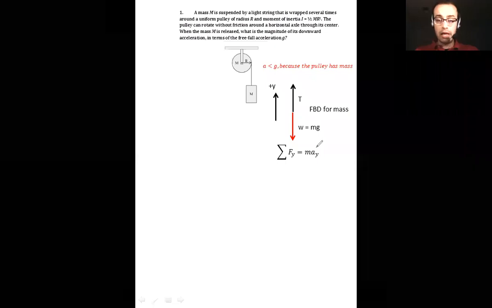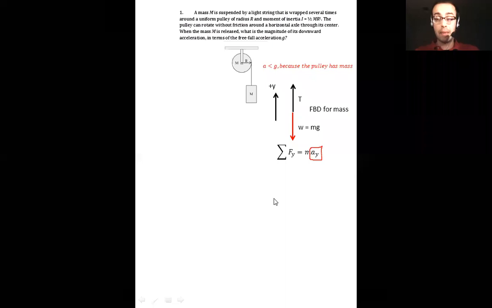Ultimately, this is the quantity that we're going to want to be solving for, a_y, so keep an eye on it. All right. So what are the forces that are acting on this block? Well, there's tension, and tension's acting in a positive direction, minus mg. mg in this case is acting in a negative direction as we defined it, is equal to m a_y.